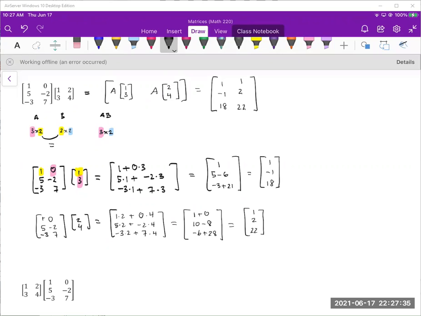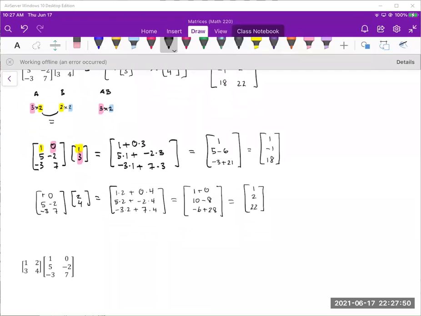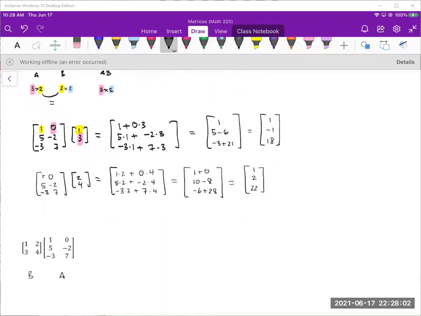All right, let's try looking at this same problem where we are just going to switch the order of these two matrices. So here, A is 1, 0, 5, negative 2, negative 3, 7, and B now is on the left. If we look at the dimensions, B is 2 by 2, and A is 3 by 2.